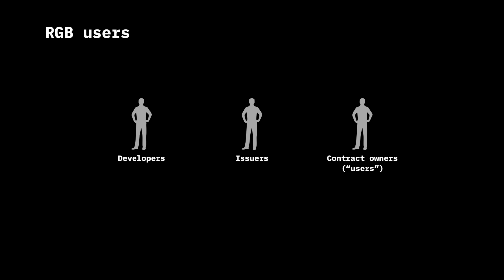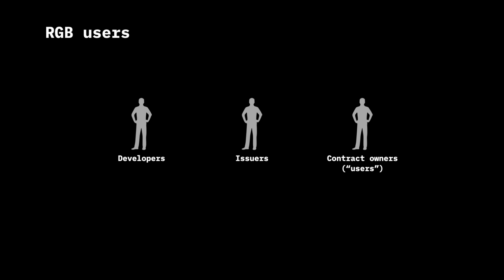So before doing the actual demo, I will try to distinguish these roles so you won't be scared that you need to do all of that to use RGB. Actually, as a user, you will probably do just a few things, and most of the things I will be showing today won't be related to you. But I still have to show that to explain to others, for instance developers who are present, how they can create new contracts or even interfaces.